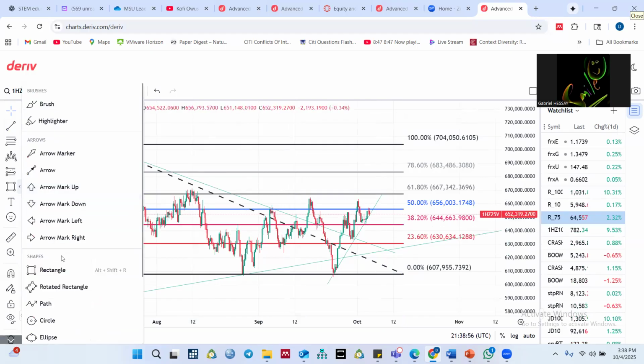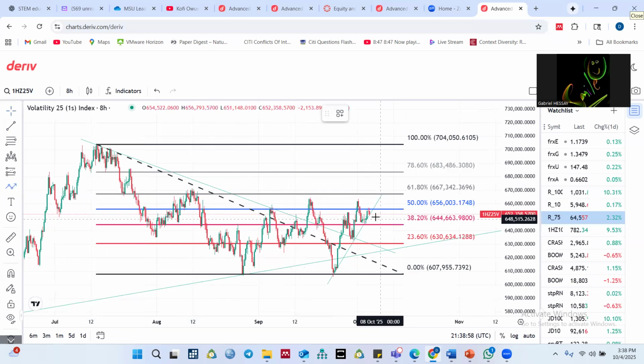Two things, we are likely to have a retest somewhere here, move up, and go like this.